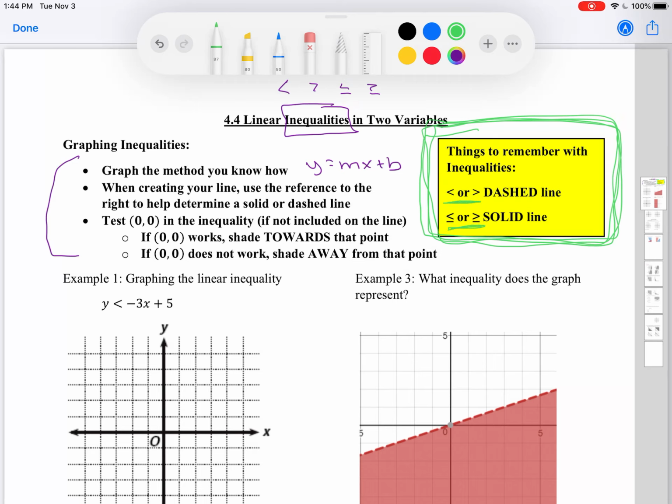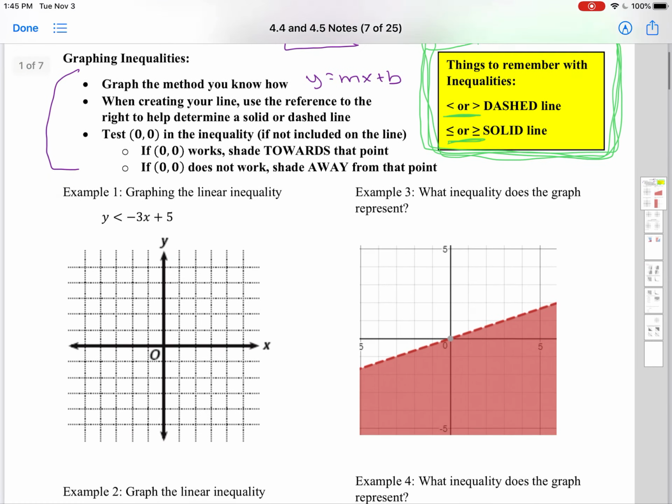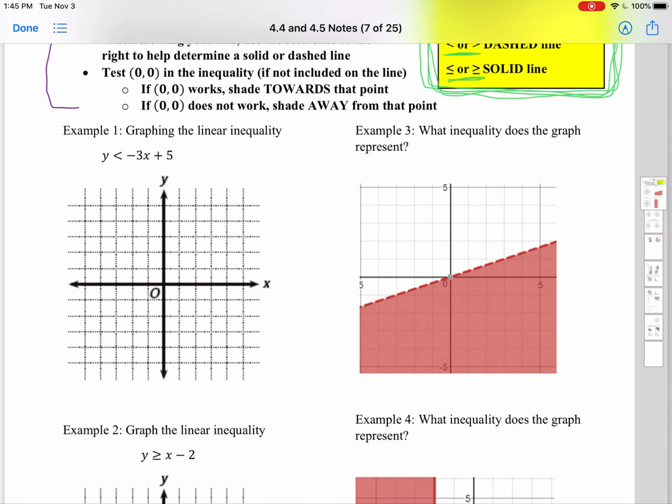Same thing, whenever we had an open circle, in this case today, we're going to be talking about dashed lines. But whenever we have a closed circle, we're going to be talking about solid lines. But it's the same rules. You'll notice that whenever it's dashed, there's no equal signs. But whenever it's solid, there will be an equal sign. So that is one key detail we're going to have to keep in mind as we go through.